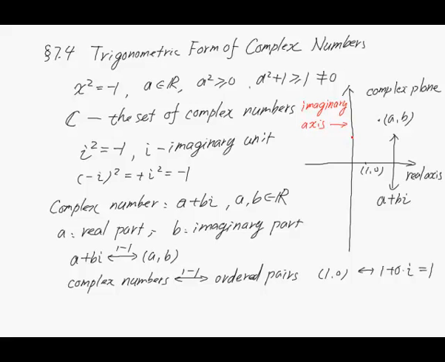For example, you may have the point (0, 3). Now let's see how we relate this ordered pair to a complex number. So (0, 3) just corresponds to 0 plus 3i. So this is equal to 3i, and this is a pure imaginary number.